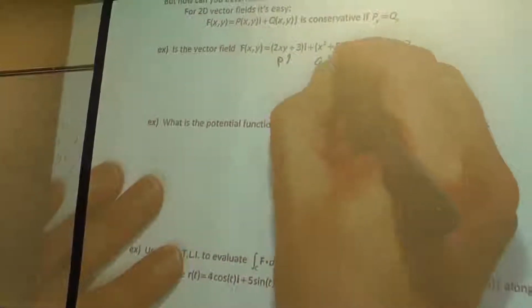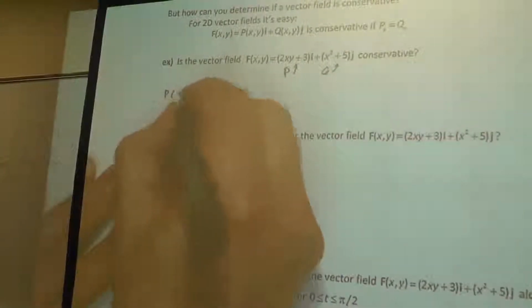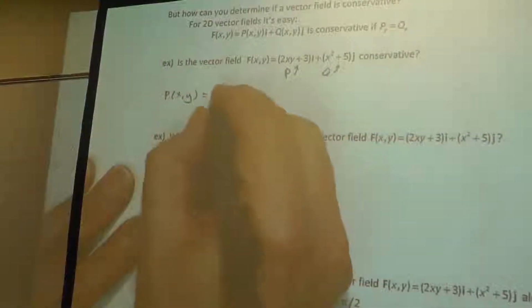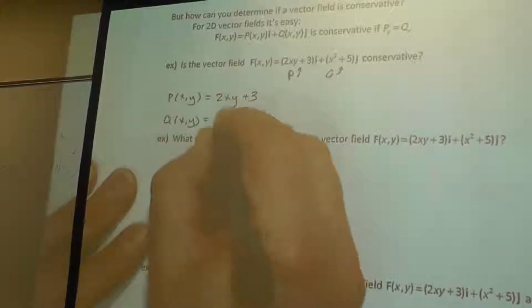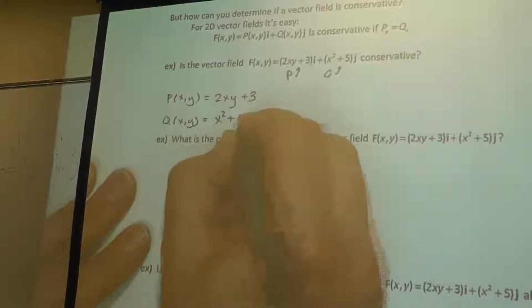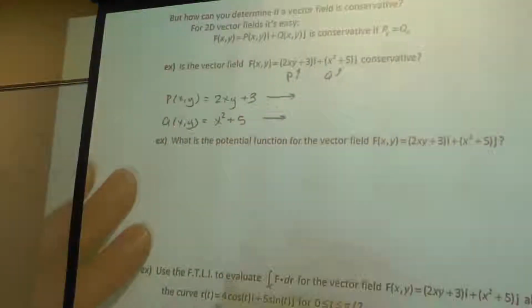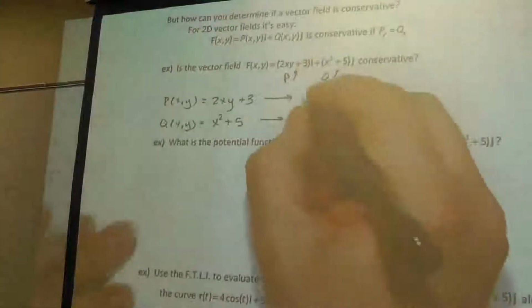That's your P, and that's your Q. So let me just do it this way. P of x,y is the i component, 2xy plus 3. Q of x,y is my j component, which is x squared plus 5. And then I want to check for conservativity.